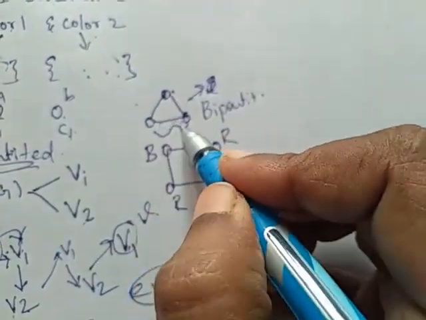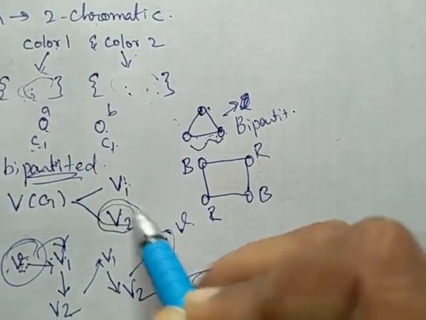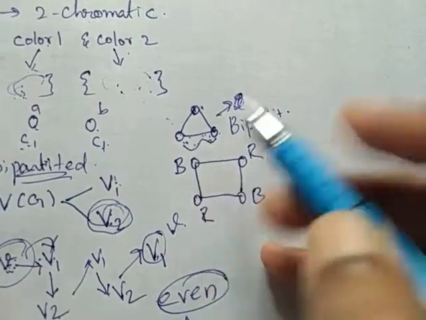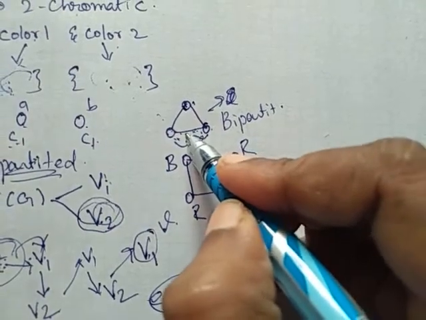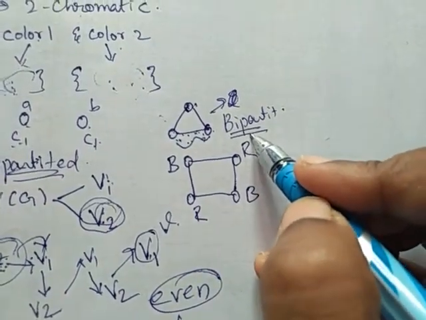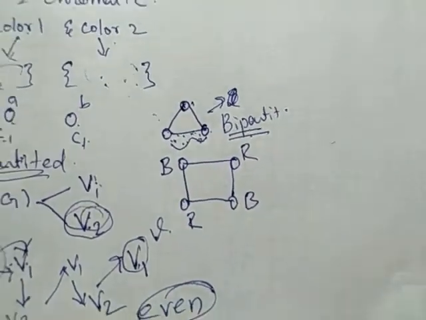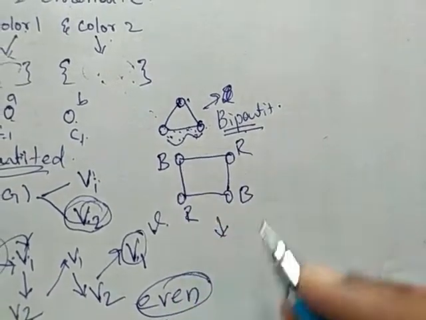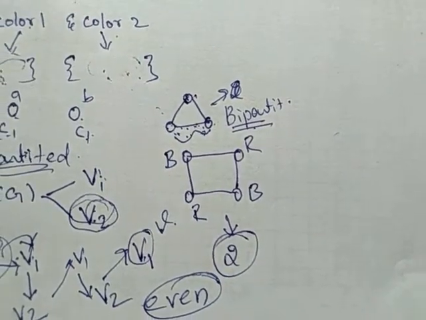So when we divide the set into V1 and V2, the vertices which belong to V2 should not be adjacent to each other, but in this case they are adjacent to each other. Therefore, whenever it is having an odd cycle, it is a contradiction to the fact that the graph is bipartite. Therefore, it is having an even cycle. So since it is having an even cycle, it can be colored properly using 2 colors itself. Therefore, it is a 2 chromatic graph.